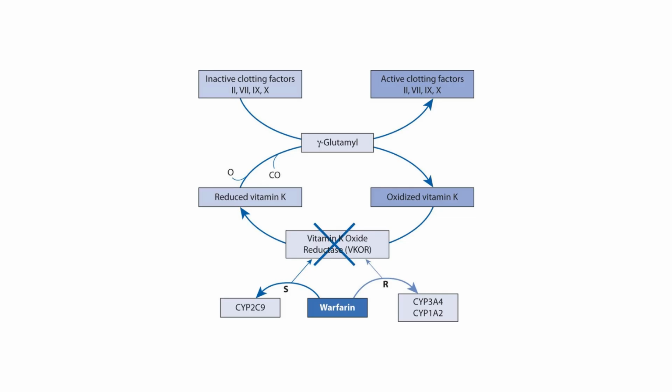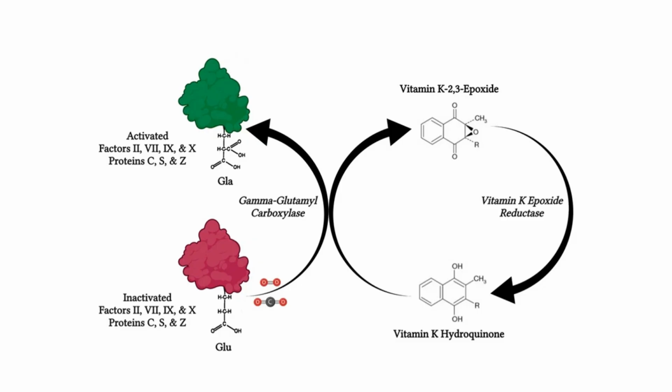The car exists but it can't move, right? To become functional, these clotting factors need one important biochemical modification that we call gamma carboxylation. Remember, gamma carboxylation.